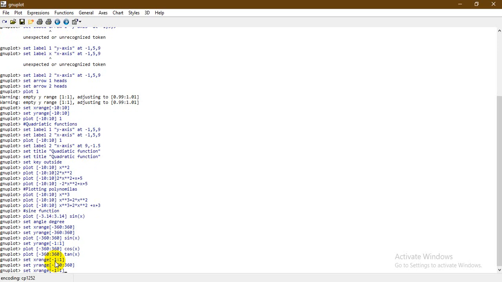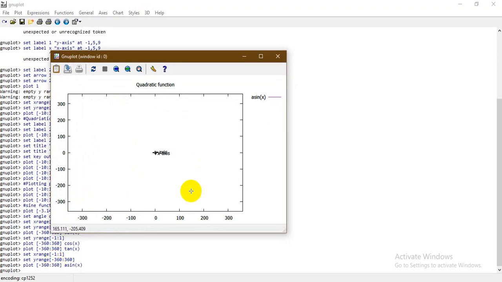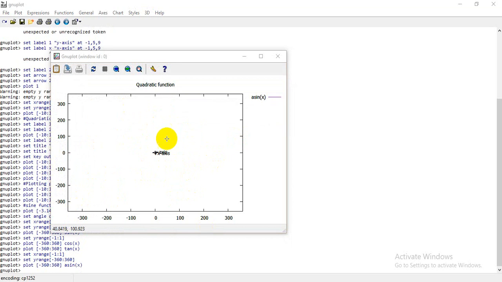So now I'm going to plot arc sine. So you have this, it is not well seen. Here we realize that the graph is not well seen because of the range of the x.